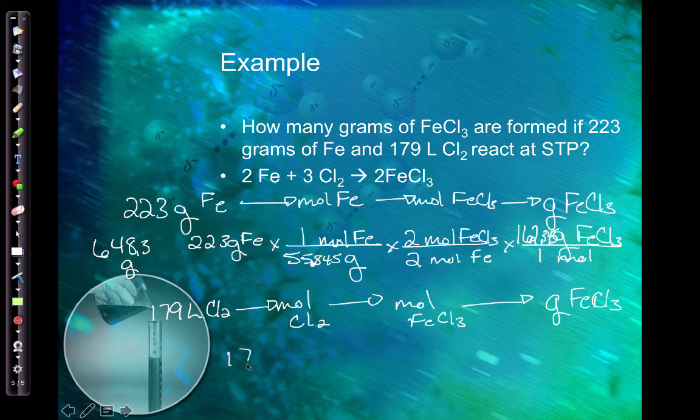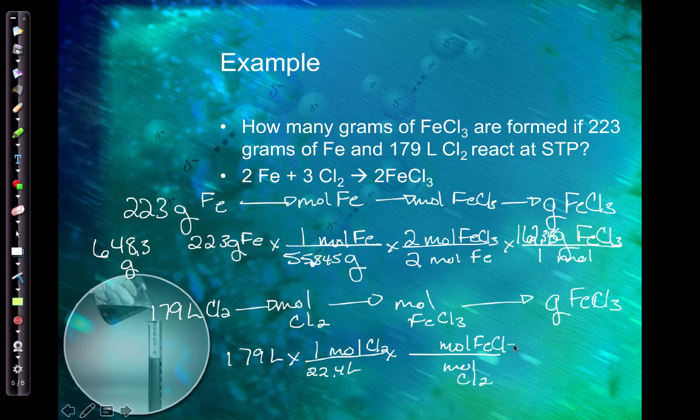So I'm starting with 179 liters, and this is at STP. This is a gas, so I'm going to use the 22.4 liters. So 1 mole is equal to 22.4 liters. So moles of chlorine on the bottom, moles of iron chloride on the top. Moles on top of moles, I'm going to look at the coefficients. So I have 2 moles of this for every 3 moles of chlorine.